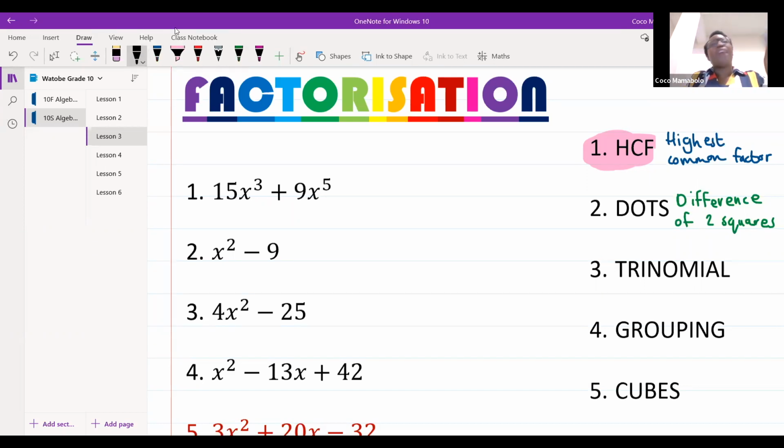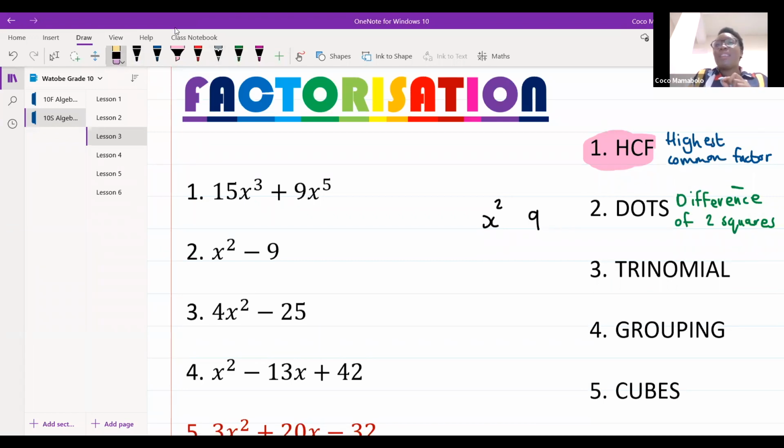Okay, this is what I mean, Tiana. If I come across a binomial that looks like this, x squared plus 9, can I do dots with this one? Can I factorize it using dots? No. And do you know why I'm saying no? Because difference means subtract.